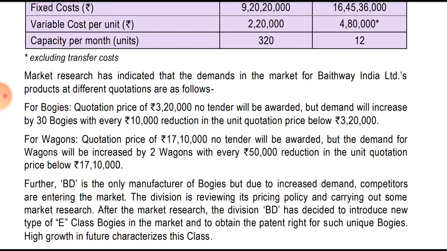Price is equal to 3,20,000 minus 10,000 divided by 30 into Q, and marginal cost will be 2,20,000 only in this case, and we can find out the R by multiplying with Q. Then how to find out MR, that is marginal revenue, that is A minus 2BQ, and then after what we have to do is compare, that is MR is equal to MC.